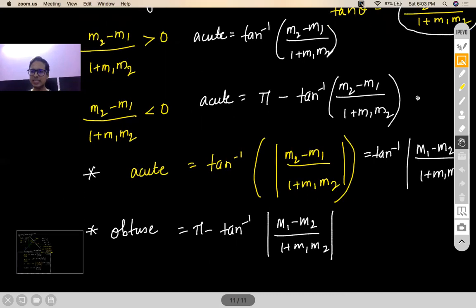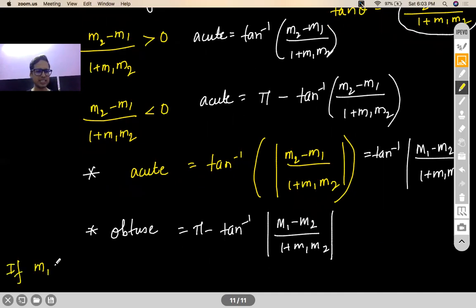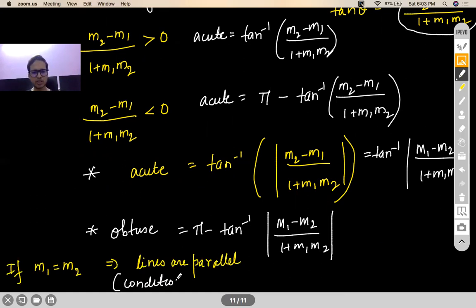Now, a few special cases under this. If you realize your m1 is equal to m2, then remember the two lines are parallel to each other. This is called the condition for parallelism.